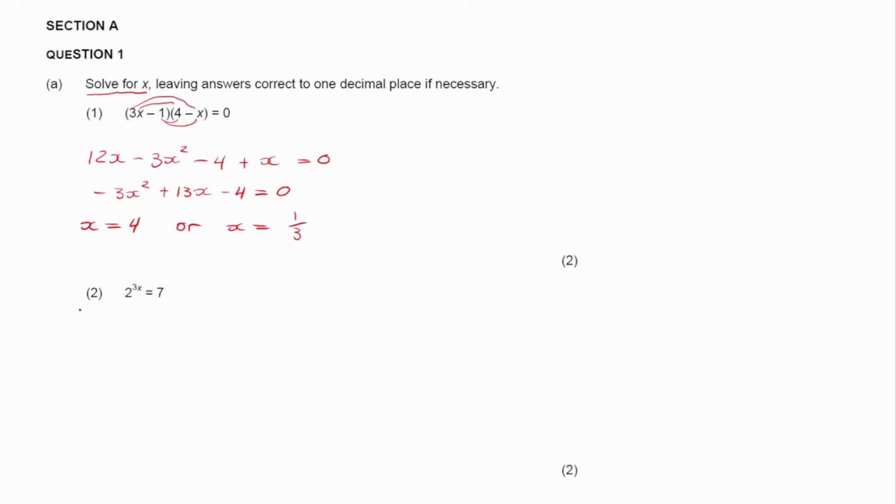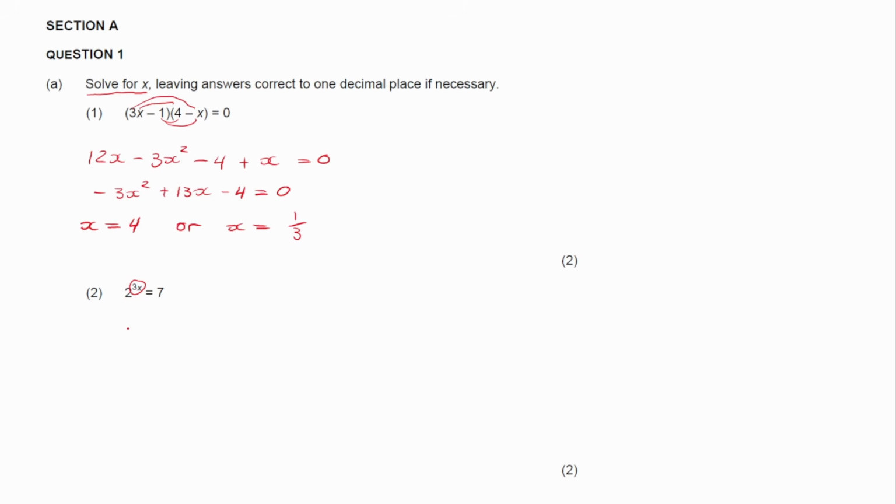In the next example over here, we have this question. You'll see our x is in the power position. When we have a variable in the power position, we need to do the inverse of our base. The inverse of exponential is logs.